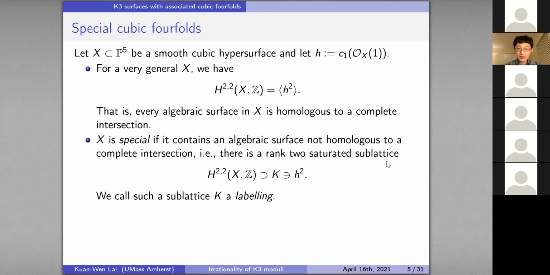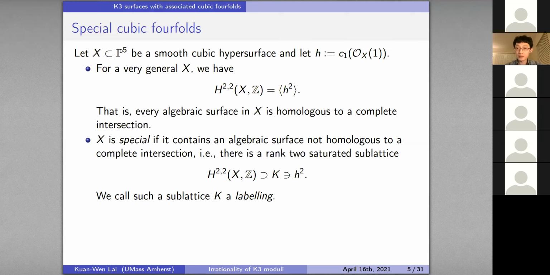And we say a cubic fourfold is special if it contains an algebraic surface not homologous to a complete intersection. In other words, this means that H^{2,2} contains some rank 2 sublattice which is saturated and contains H squared. For such a sublattice K, we call it a labeling.